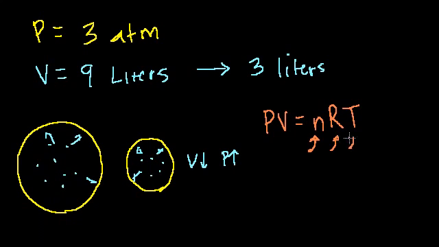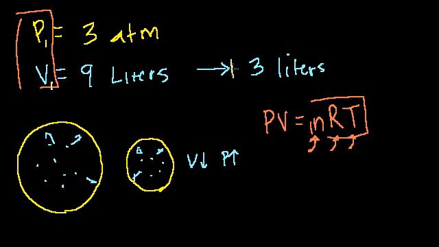And the temperature doesn't change. So my old pressure times volume is equal to nRT. Let me call this P1 and V1, and the new pressure and volume P2 and V2. We're trying to figure out P2.